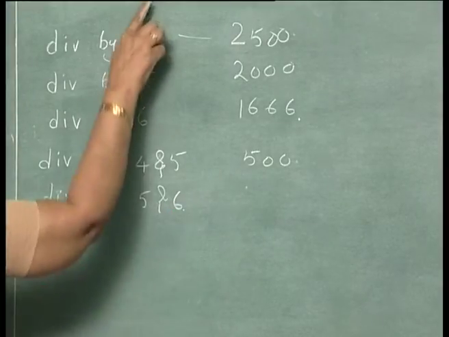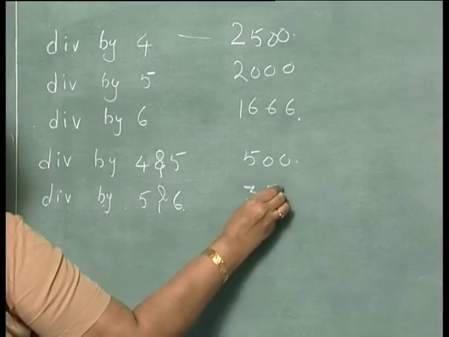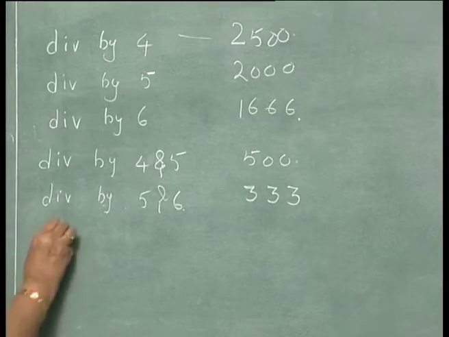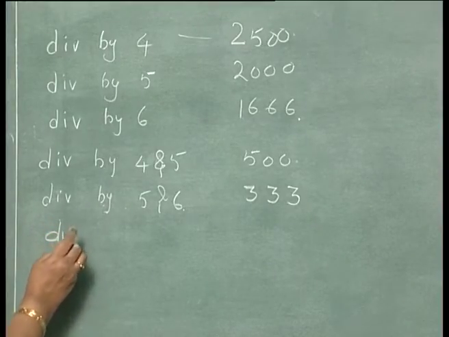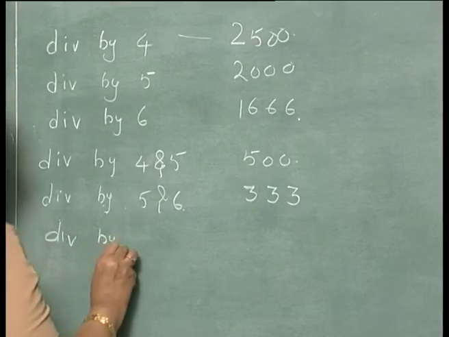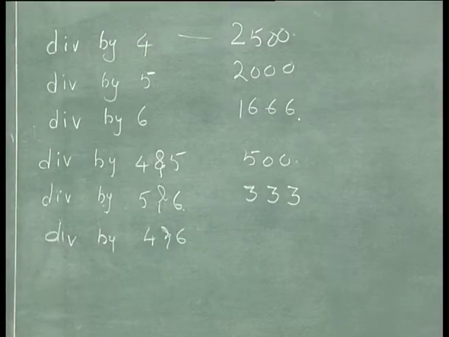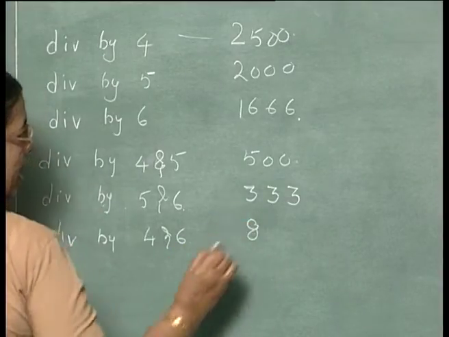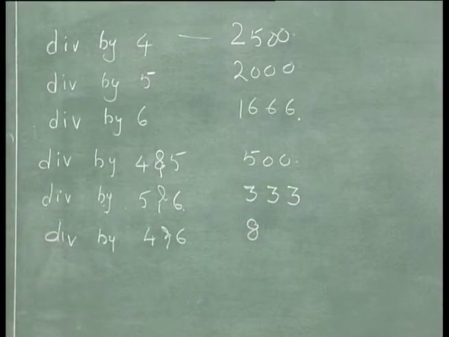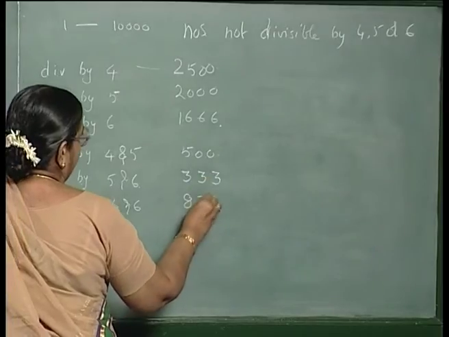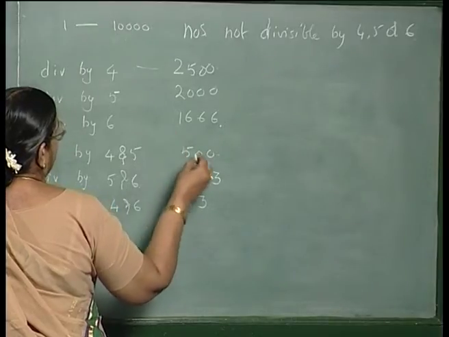If we divide by 30, it will be 333. How many of them are divisible by 4 and 6? You must consider divisibility by 12, that will be 833.